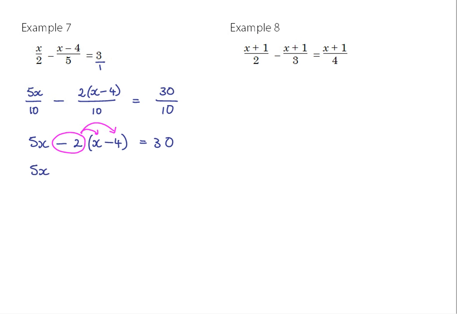So you're going to have 5x minus 2x, negative 2 times negative 4, so plus 8 equals 30. Collecting the x terms, so 5x minus 2x is 3x. Subtracting 8 from both sides, and dividing both sides by 3.